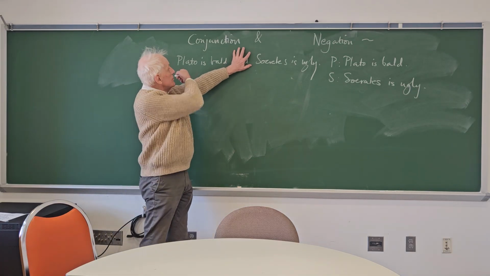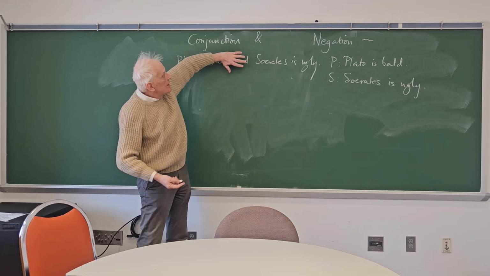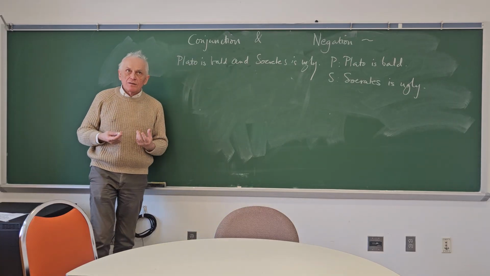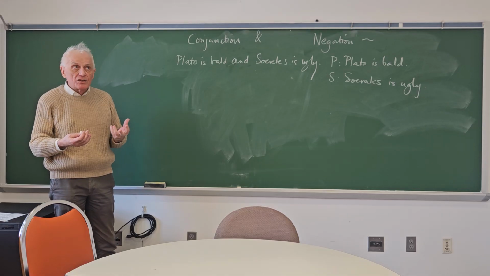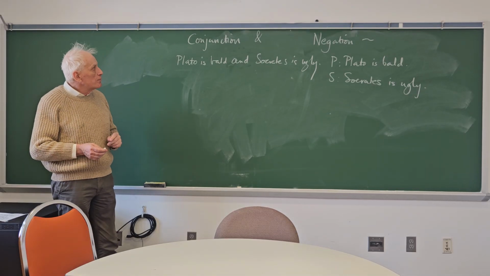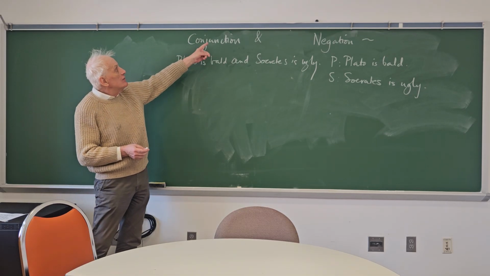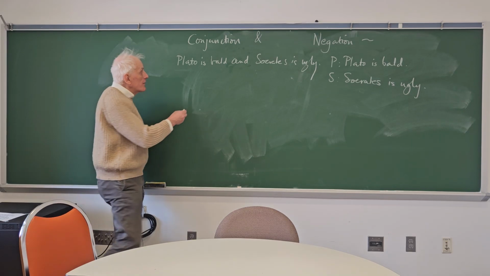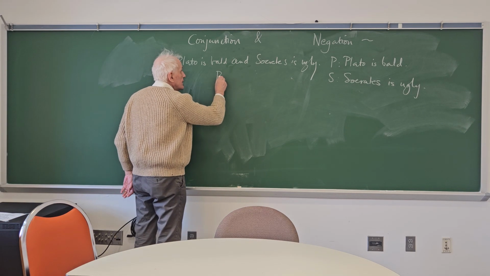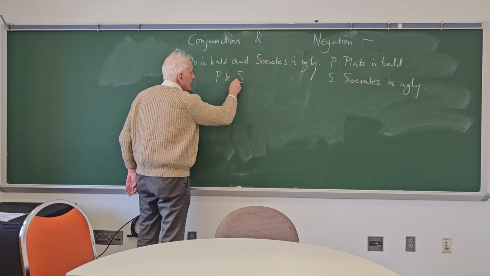It contains the sentence Plato is bald, and it contains the sentence Socrates is ugly. So this whole sentence is a compound sentence, not an atomic sentence. It's a conjunction of two atomic sentences, and we write it like this, P and S.